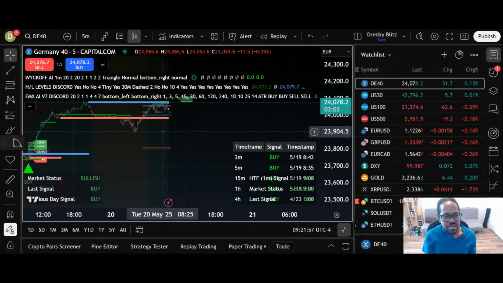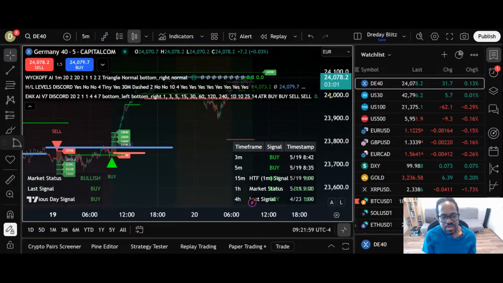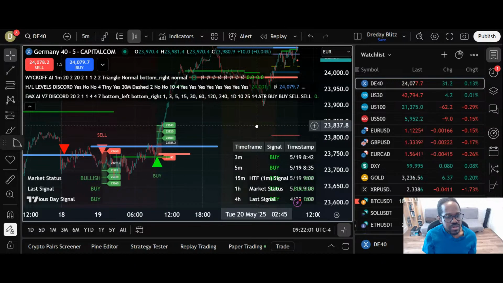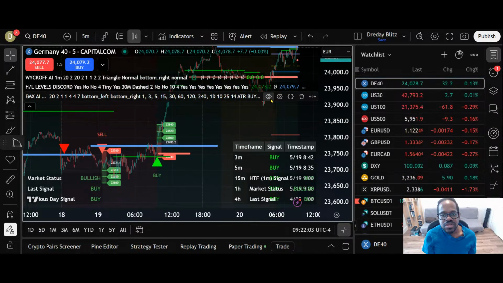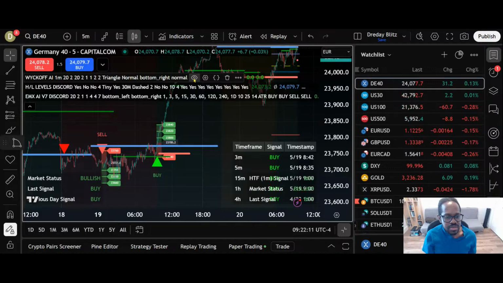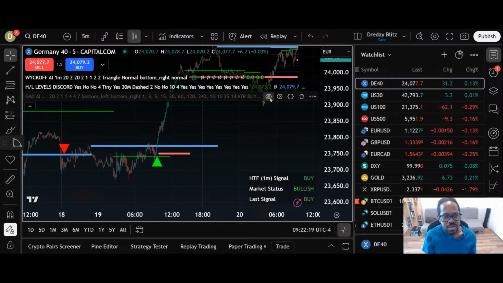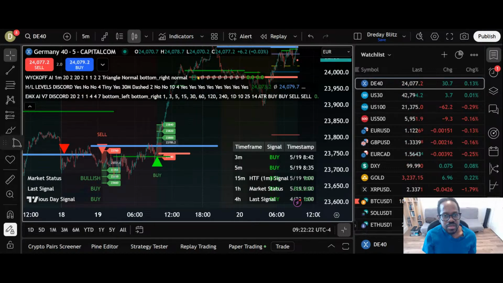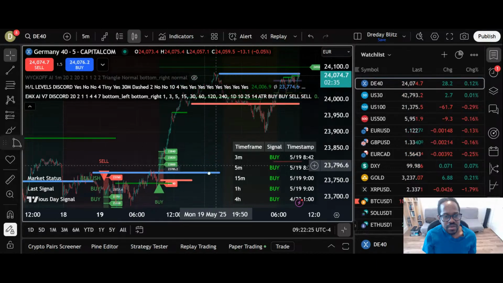As you can see, German 5 minutes, on those two indicators here, it went basically at the same time, so no delay. You see the difference? If I remove this, this is Wyckoff, and this is EMX AI.